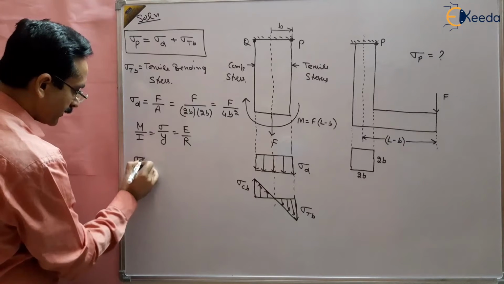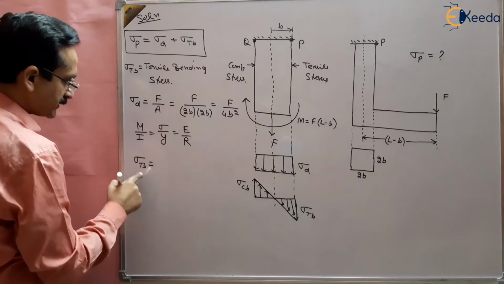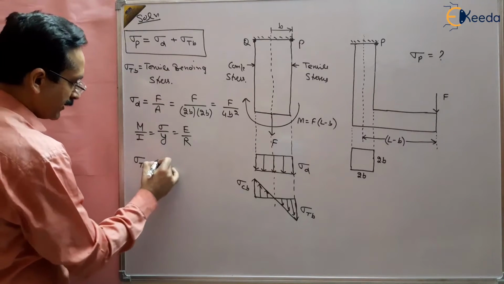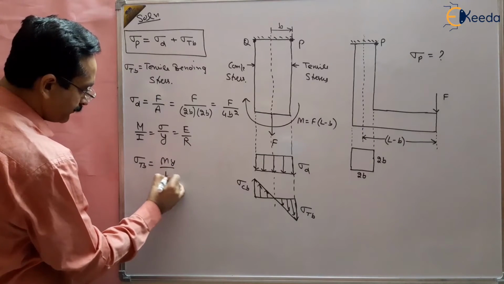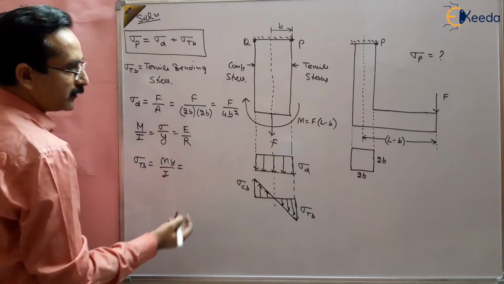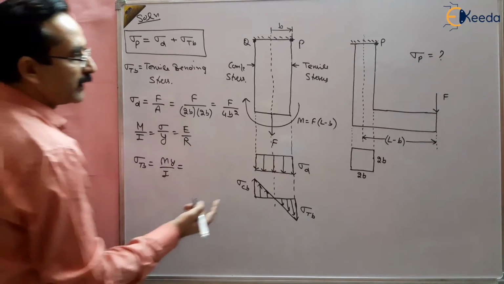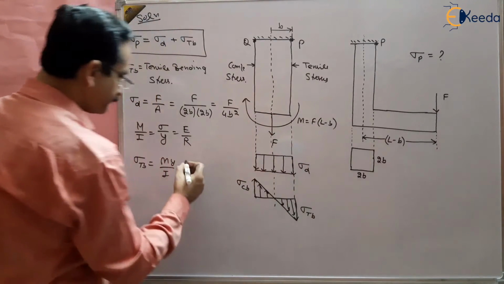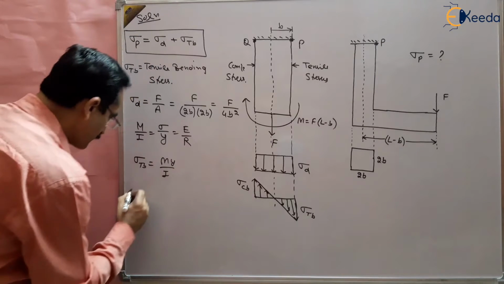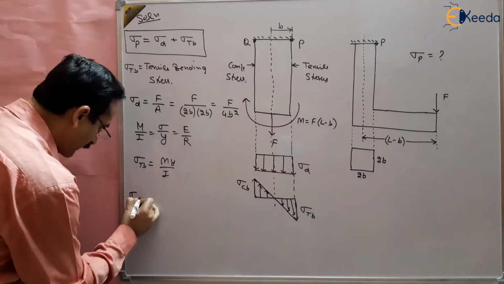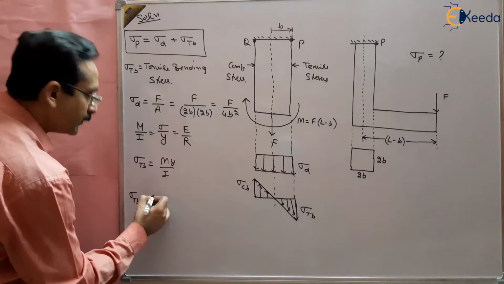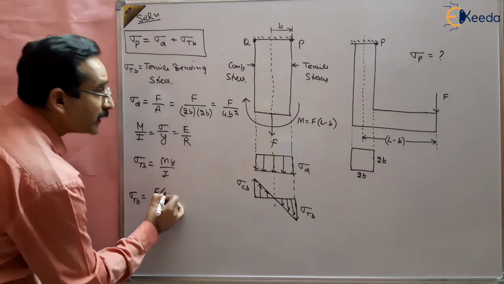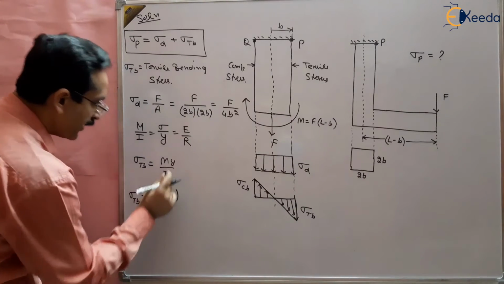So tensile bending stress sigma b is My by I, where M is F(L minus b).